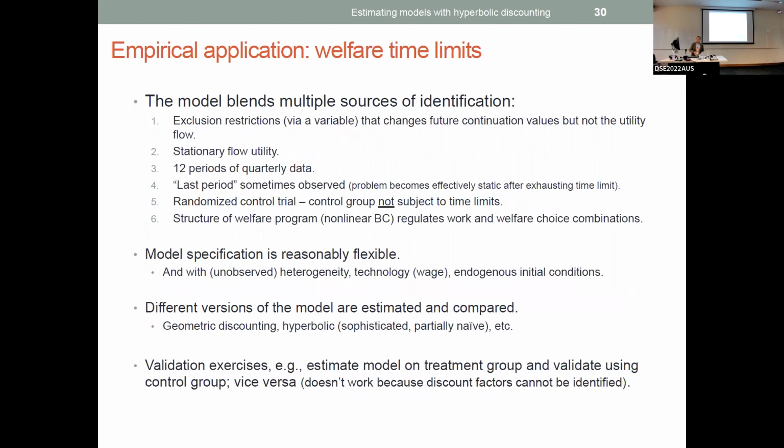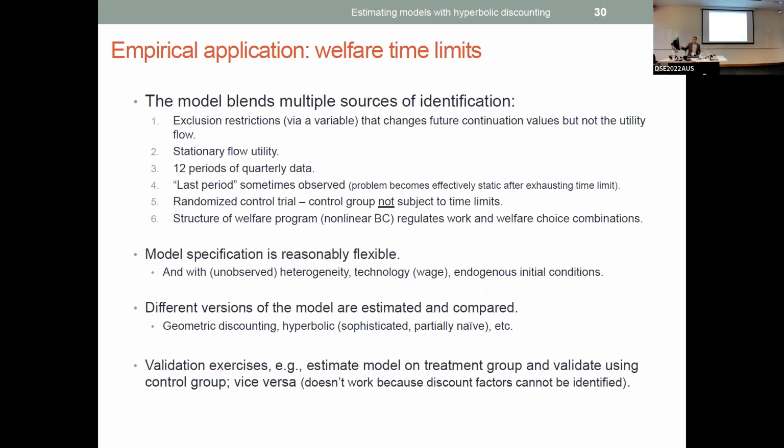And here's where the identification becomes over the top. The model blends multiple sources of identification. First, exclusion restrictions are captured via a variable that changes future continuation values, but not the utility flow. That's already been discussed earlier. The model assumes stationary flow utility, perhaps with good reason.